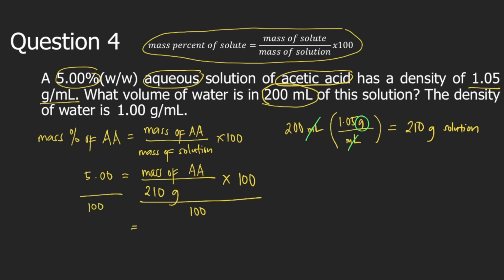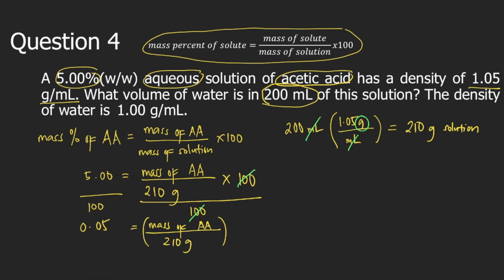So 100 will cancel on the right side. And on the left side, you have 5 divided by 100. That is 0.05 is equal to mass of acetic acid divided by 210 grams.